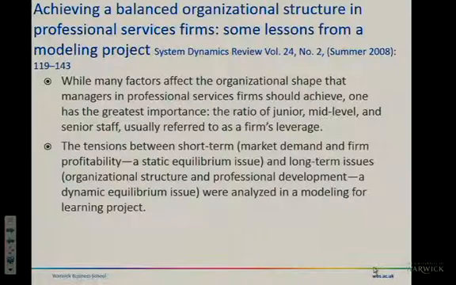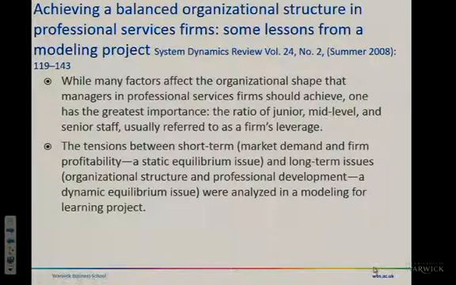But there is a problem leveraging these three categories of staff. One is the short term, right? It's what the market demands and what you need as a firm to earn to be profitable. That's a static equilibrium issue, I would say. You say, I'm going to have 10 projects, and I have this staff with this composition.